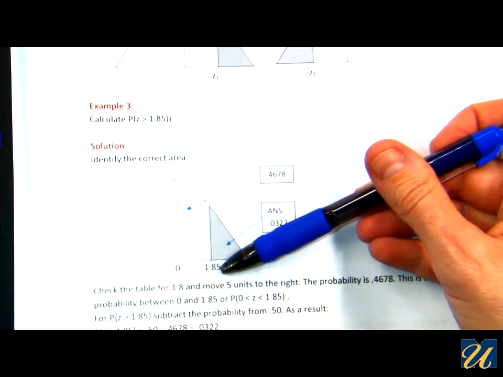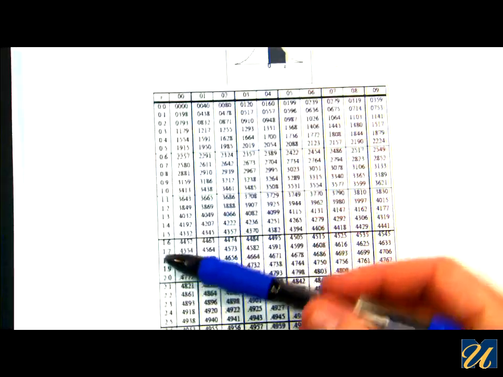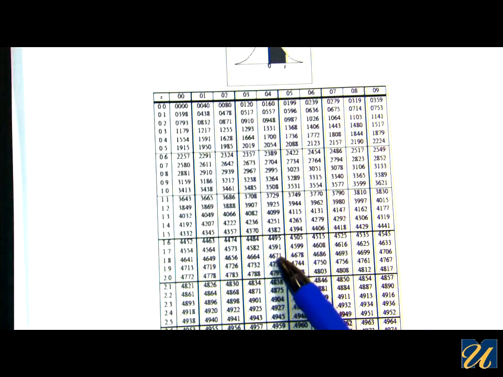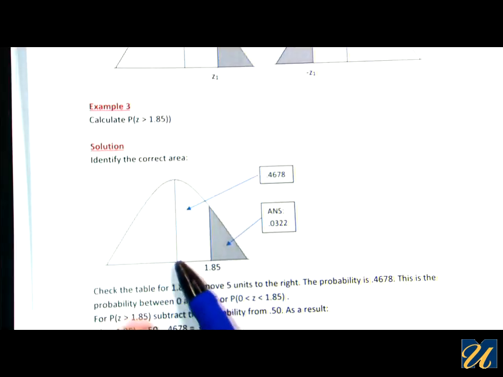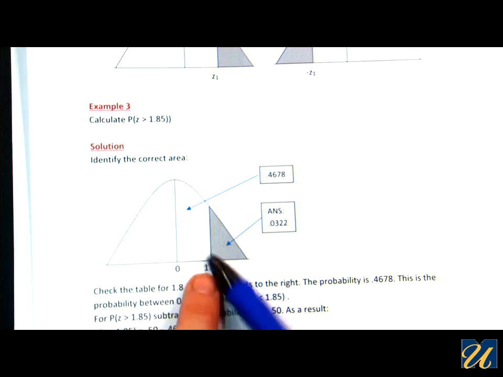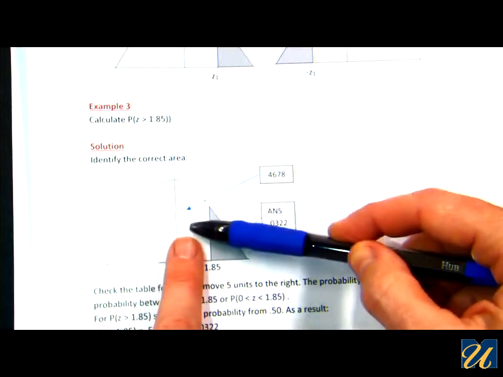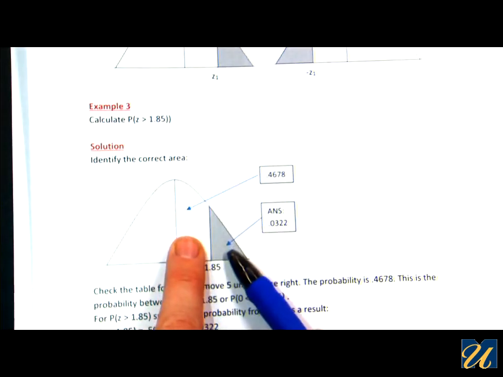Next step, you check your table. 1.85, 1.8 across for 05 is 0.4678. However, this is not your answer, right? This is not your answer. 0.4678 will be the area from the mean to 1.85, so this area. However, you're looking for this area.